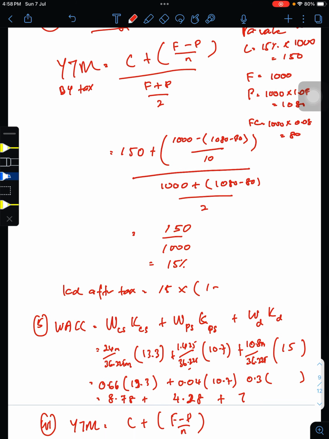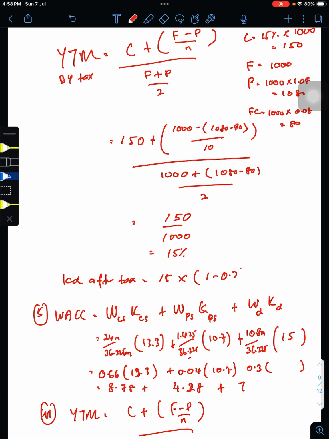Where is the tax rate? 0.3. So what do you get? 0.7. I think you should get 10.5, right? So here it's not 15. This should be your after tax. So here is 10.5.